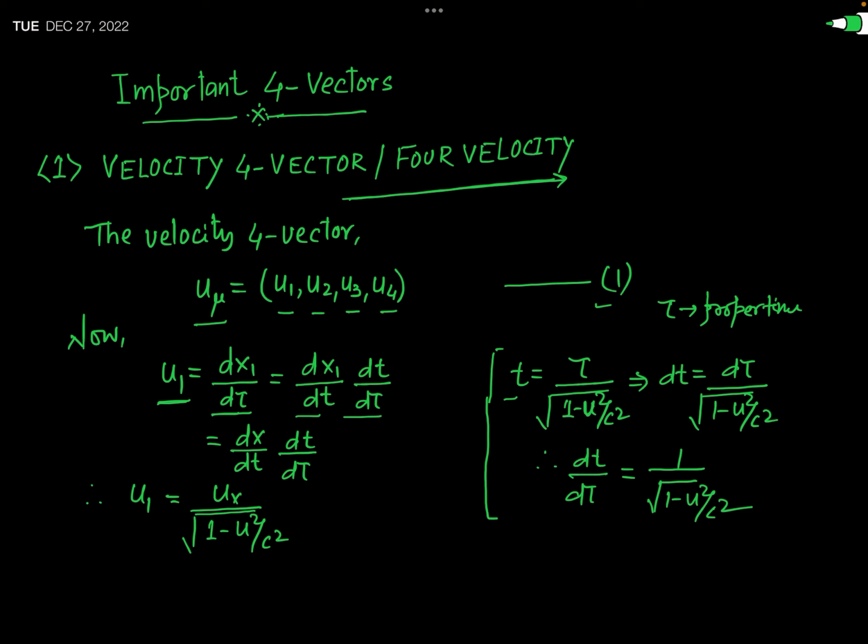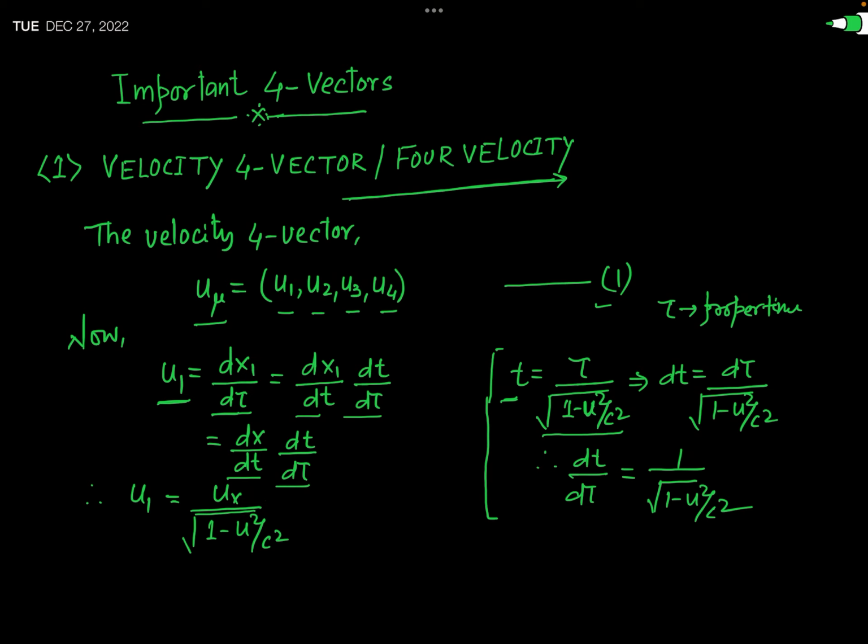Now, as x1 represents the x coordinate, instead of x1, you also may write this as dx by dt, and this is dt by d tau. Now, from time dilation formula, you know t is equal to tau over square root of 1 minus u square by c square.